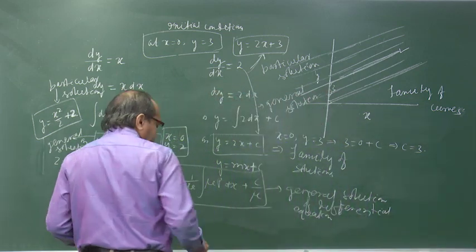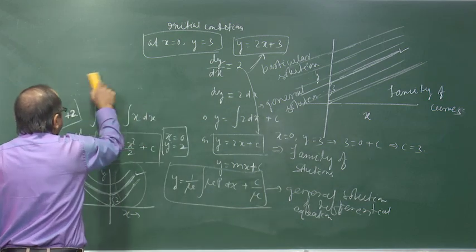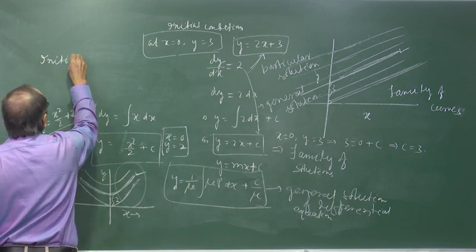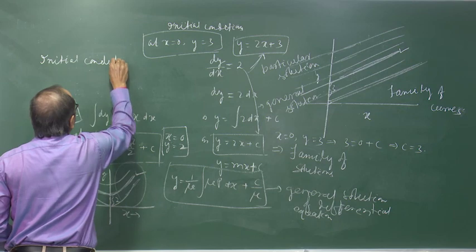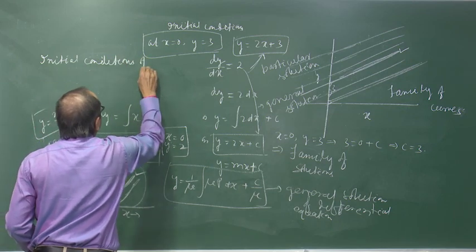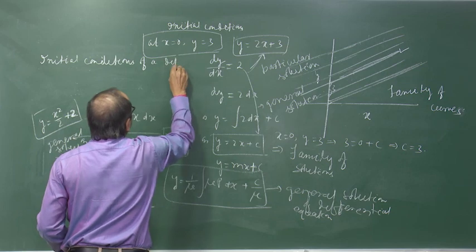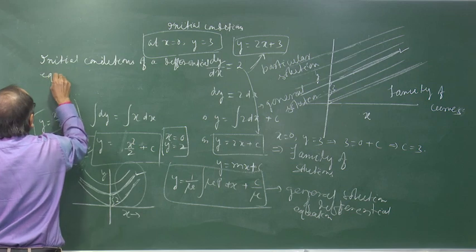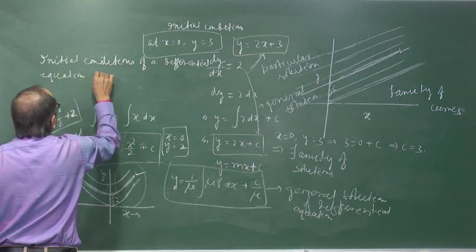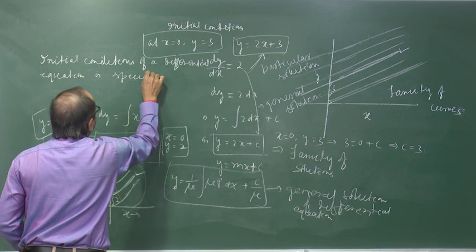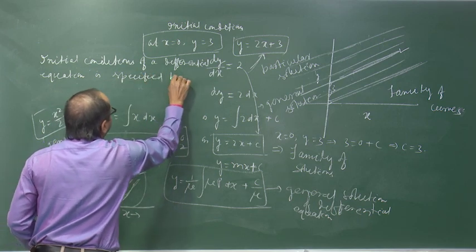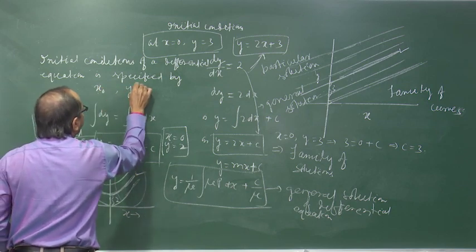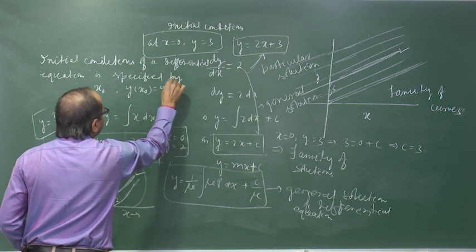So, generally the initial conditions of a differential equation are specified by a pair of values, say x0 and y of x0 is equal to y0.